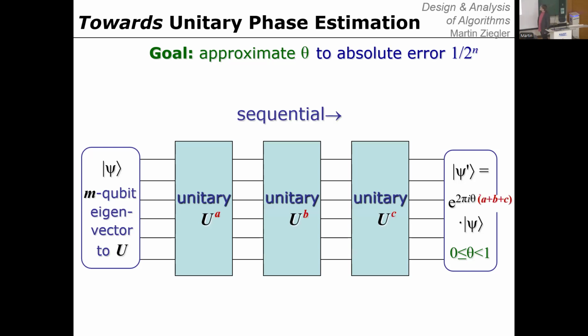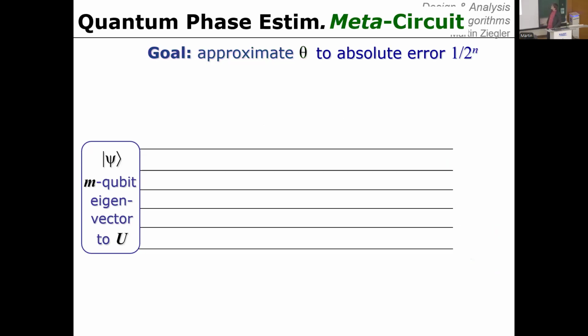Or we can invoke it A times, and then B times, and then C times, which means that A plus B plus C is in the exponent. That's what we can do, and that's what we will do, but more generally, in order to solve the quantum phase estimation meta problem.